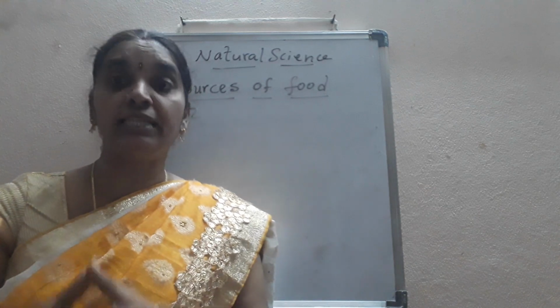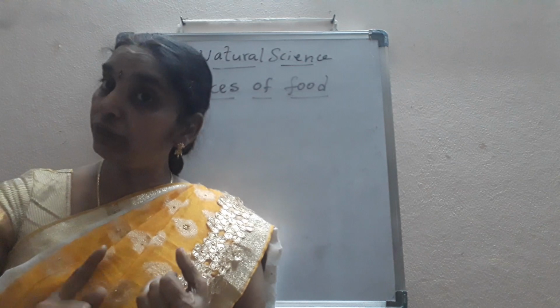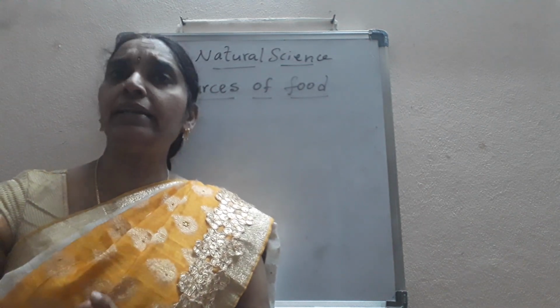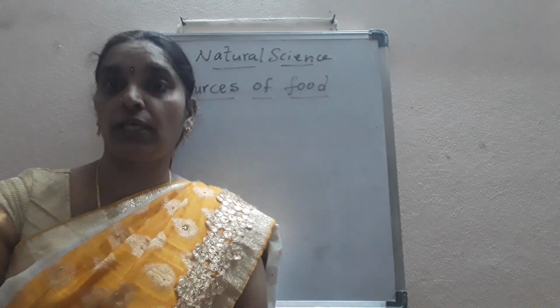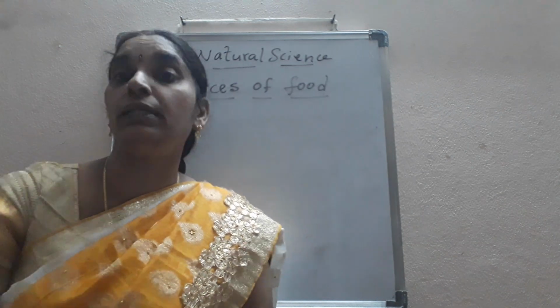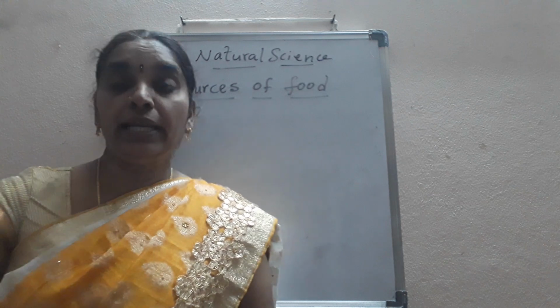So the food we eat depends upon the place and the cultural food habits, and it also differs with the taste of the individual, cultural food habits and the ingredients that you add to that item depending upon the taste of the particular individual.